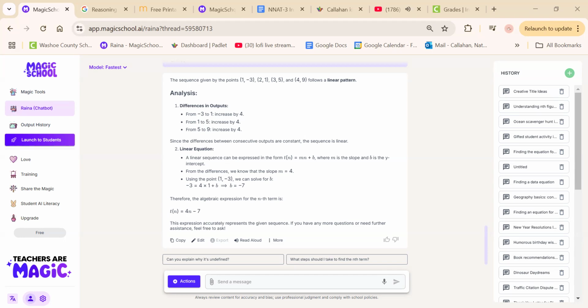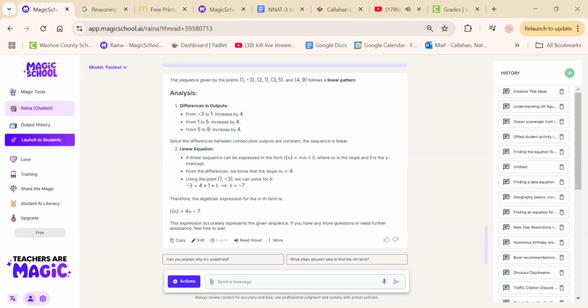Look, from 5 to 8, 8 to 13. Are we adding or subtracting? We're not subtracting. 5 plus 3 is 8. 8 plus 5 is 13. 13 plus 7. And then 9.